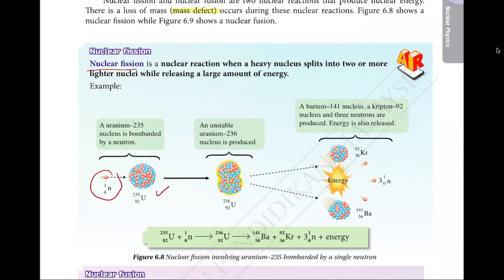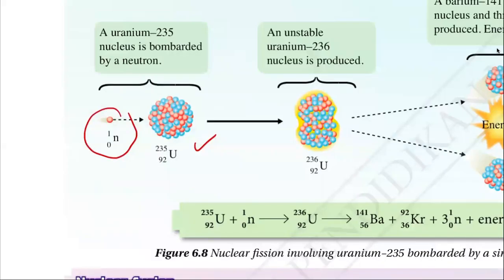You recall what is contained in the nucleus, and you relate why we use a neutron to bombard it and not a proton or electron. Anyone can answer? Yes, indeed, the neutron has no charge. Yes, it is neutral.